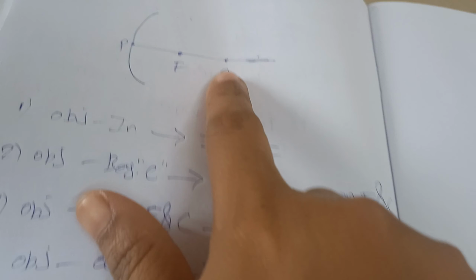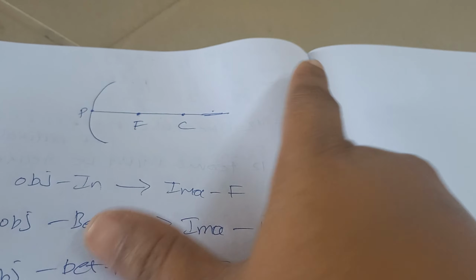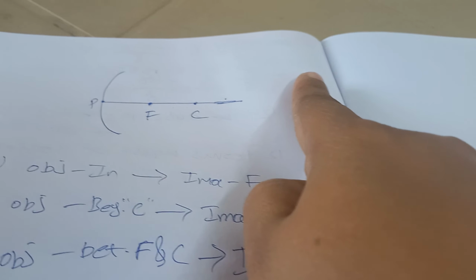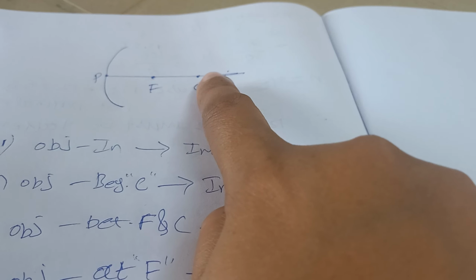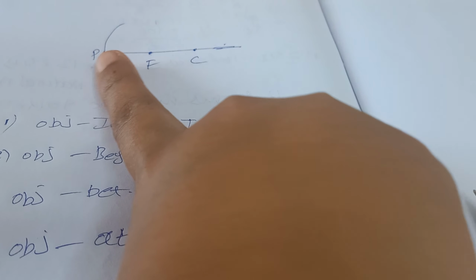Object beyond the center of curvature. Observe this. In the first situation, the object is at infinity. In the second situation, the object beyond the center of curvature means it is moving towards the pole side, towards the mirror side.